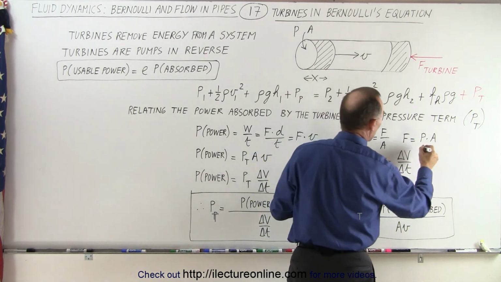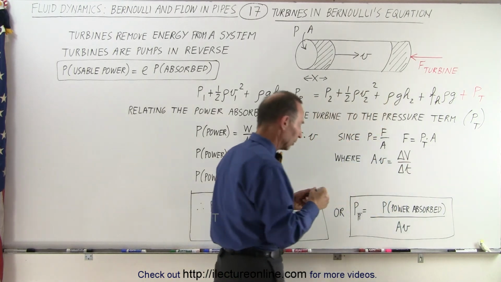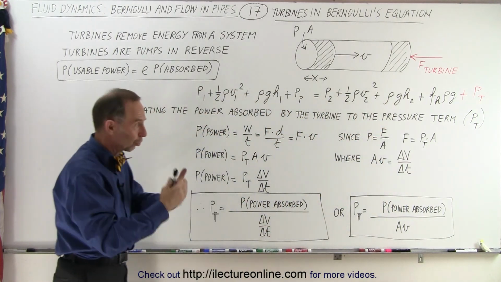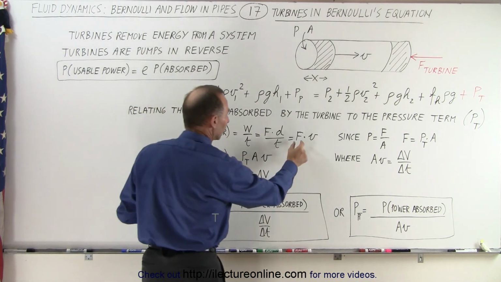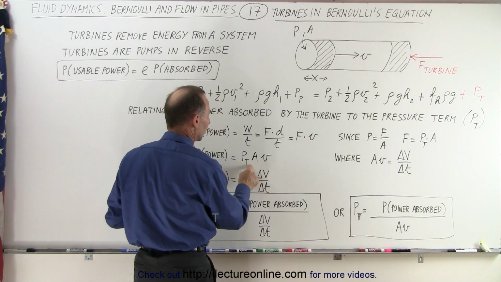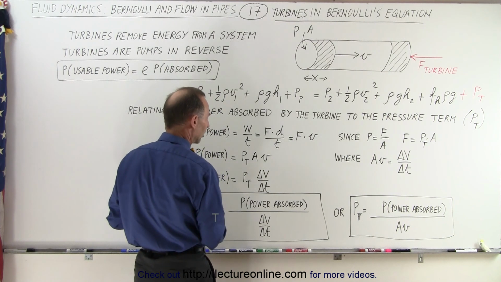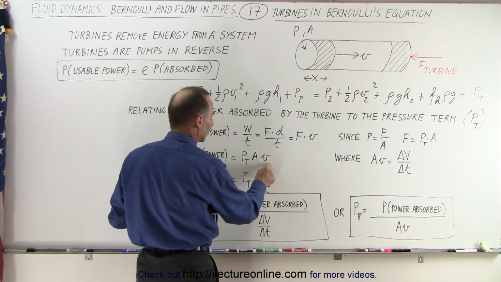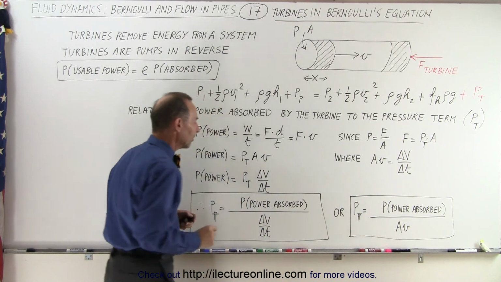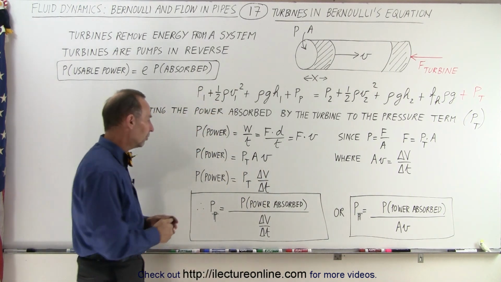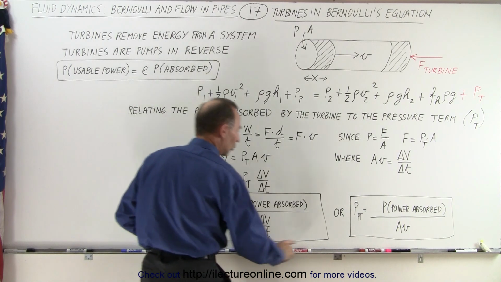So in this case, we want to talk about the pressure of the turbine, or the pressure that the turbine exerts on the system. So therefore, we're going to replace the force by the pressure of the turbine times the cross-sectional area. And then, of course, area times velocity can be written as the volume of fluid flowing per unit time. And then when we solve, of course, we need to change the equation here.